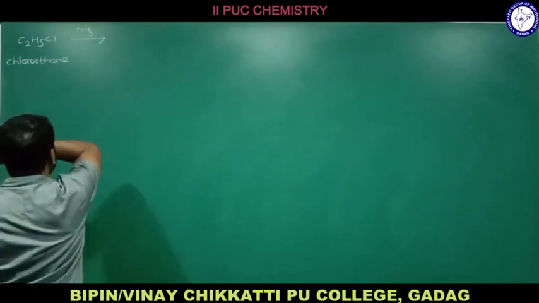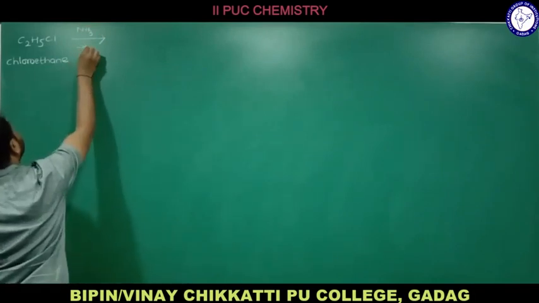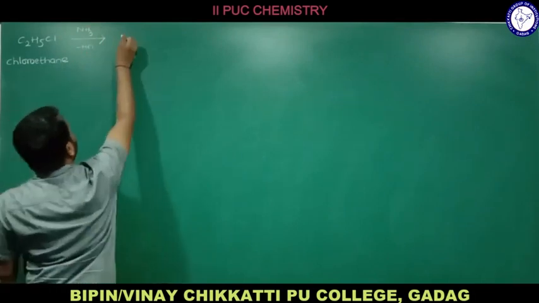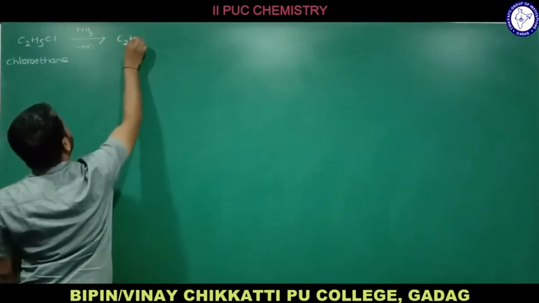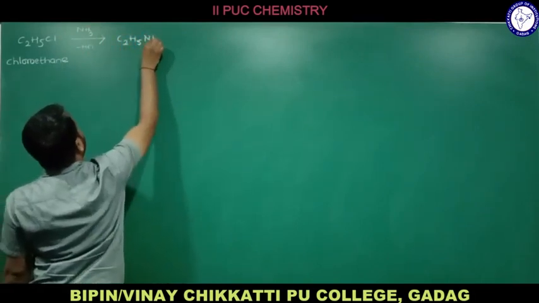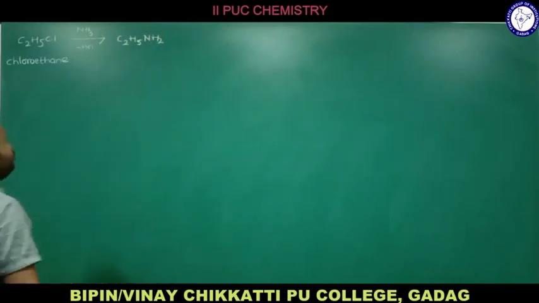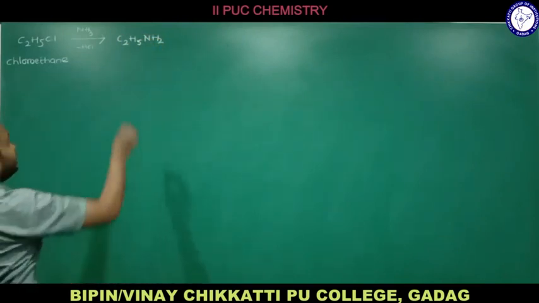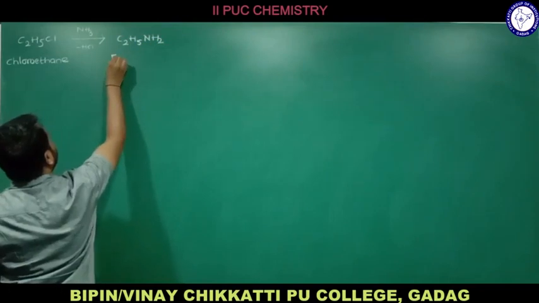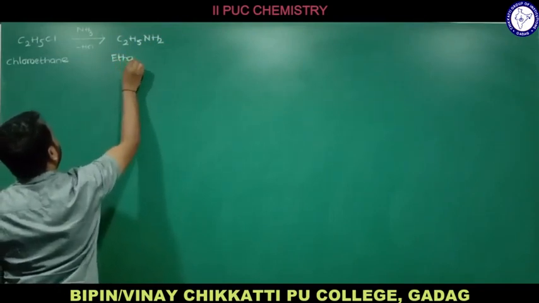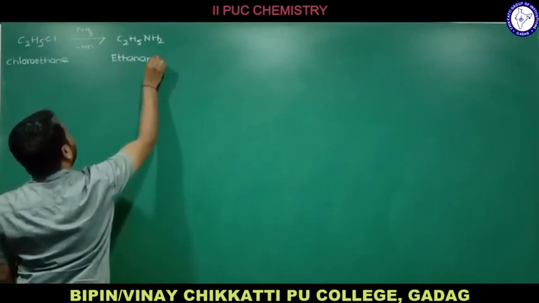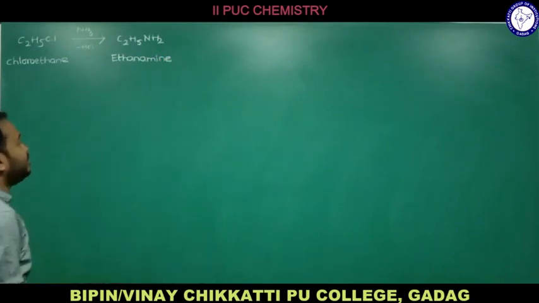For your reference, I can write here minus HCl. So what we get as a product is C2H5NH2, and the IUPAC name of this compound is ethanamine.